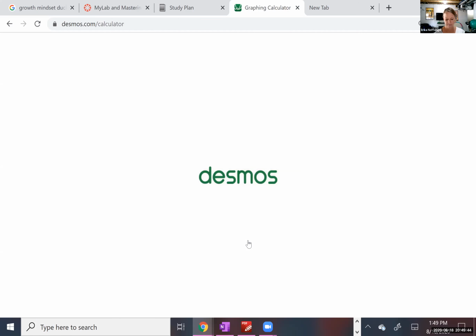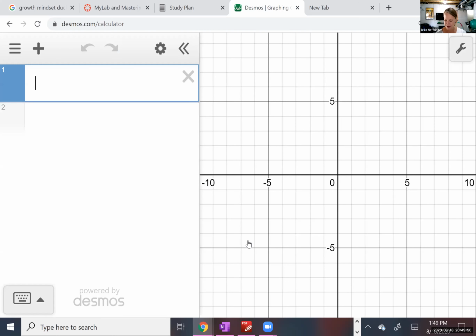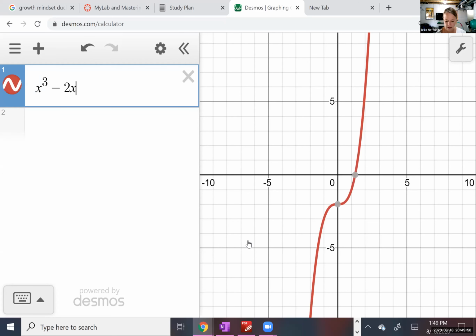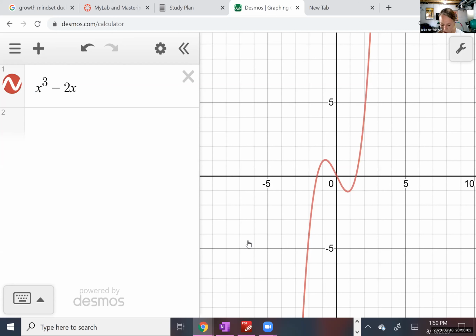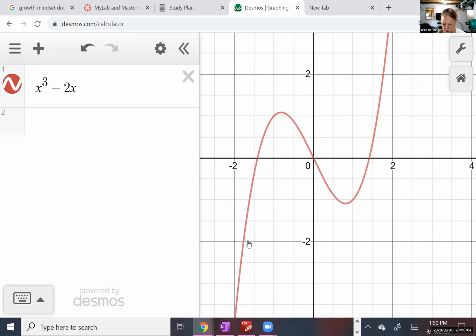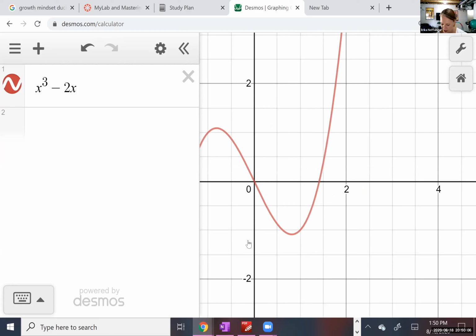I'm just going to graph our first function that we were given. I don't have to put f of x here. It knows that I'm graphing an equation. So x cubed minus 2x. This is what we were looking at. Let me zoom in a little bit because we were looking at the slope between x equals 1 and x equals, what was it before?